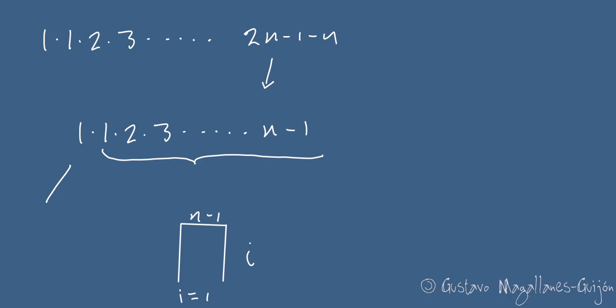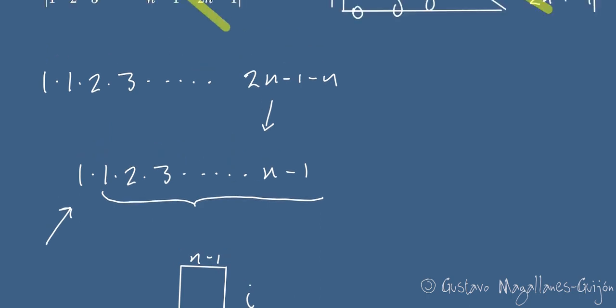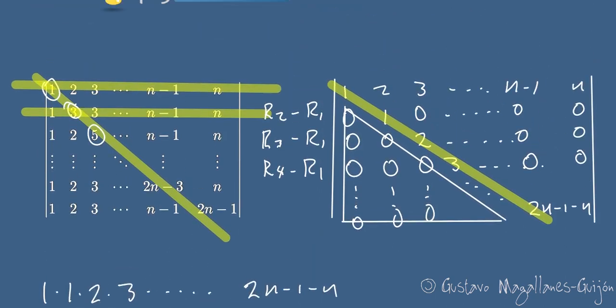and this element we should take for the whole determinant, because this diagonal only represents this determinant, and this determinant has n minus 1 rows and n minus 1 columns.